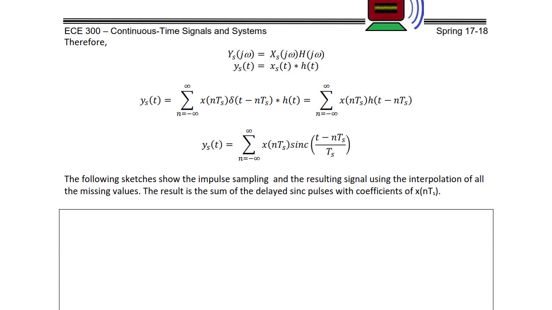So ys of t is equal to the summation from n equals negative infinity to infinity, x of nTs, sinc of t minus nTs over Ts. So the following sketches show how the impulse sampling and the resulting signal, using the interpolation of all the missing values, can result back in the original signal. The result is the sum of the delayed sinc pulses with a coefficient of x of nTs. And this is how we do reconstruction.